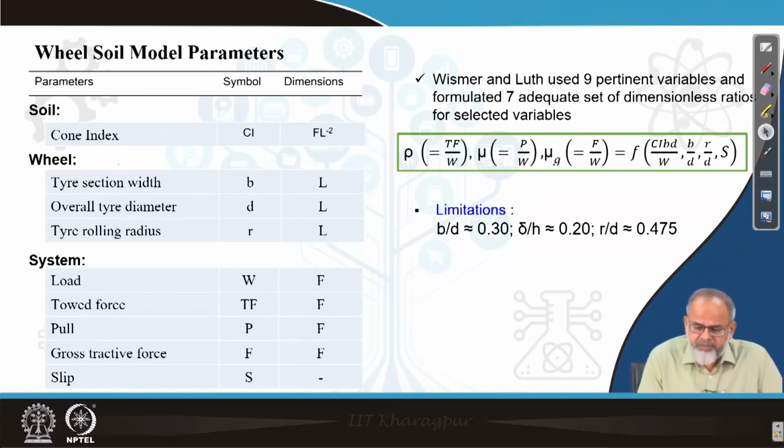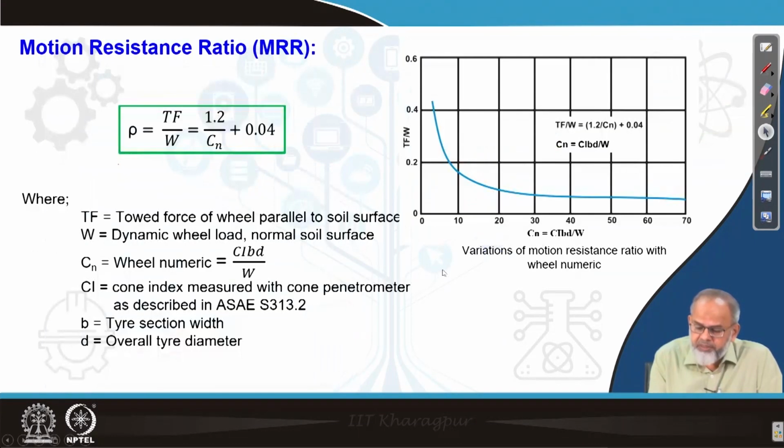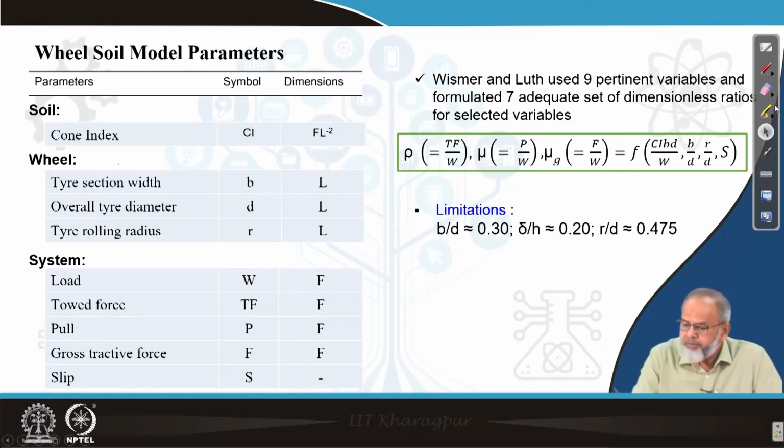Now, these parameters he tried to combine to find out 4 different dimensionless ratios. What are those parameters? One is CIBD by W. That means he has combined the strength of soil with the size of the tire, B and D, and W, the weight coming on the wheel. CIBD by W is called the wheel numeric.